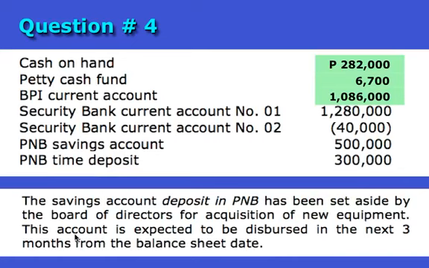Regardless of the date of acquisition, this cash is not available for payment of current obligations. So, dahil pangbili yan ng non-current asset, excluded yan from cash. So, reported as what? Non-current investment, fund for acquisition of PPE. So, non-current investment yan. Exclude.